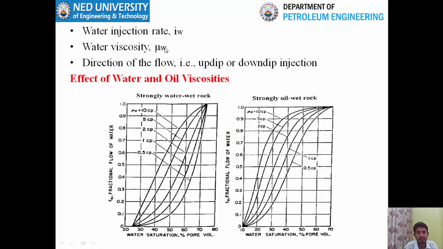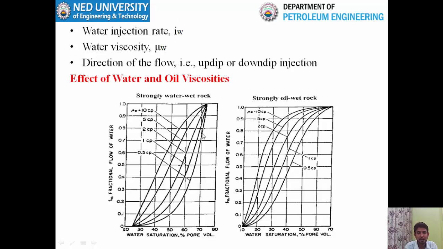So now we will see the effect of these three things on the fractional flow of, for example, water. But obviously you can relate this similar thing for the gas case. So gas injection rate, gas viscosity, and direction of flow for the gas injection well will also affect the FG. But for right now we will be seeing the effect of these three things on FW.